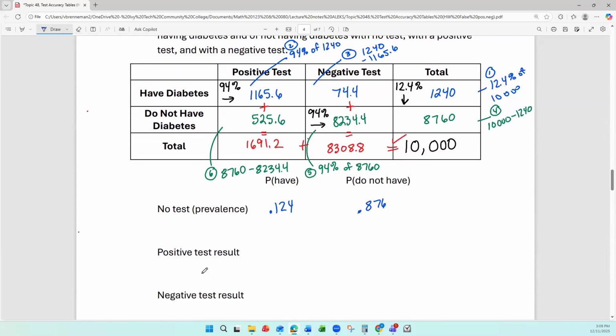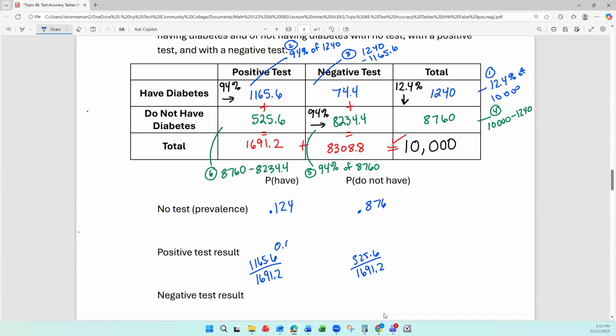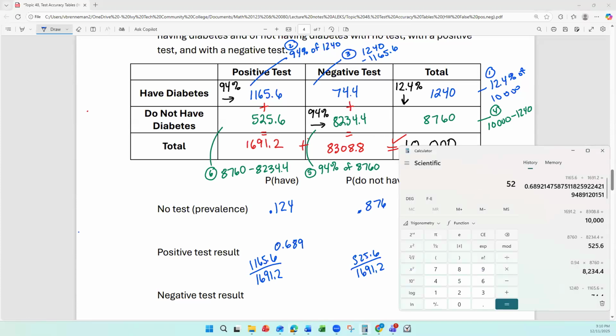If they get a positive test result, now we're looking at the 1,691.2 positive test results. 1,165.6 have it. The other 525.6 do not have it. So those probabilities are 0.689 and 0.311.